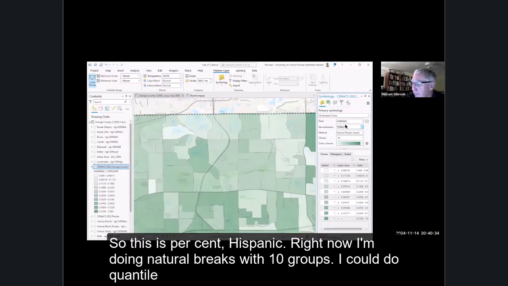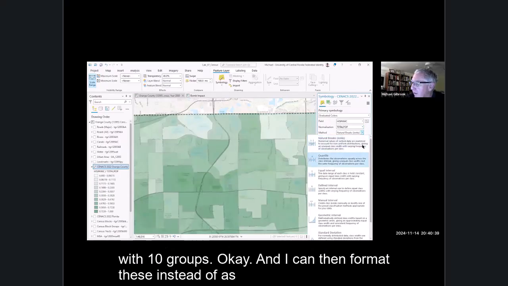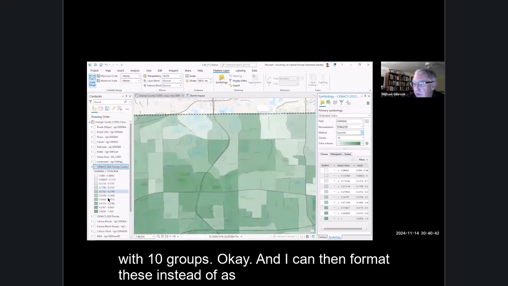So this is percent Hispanic. Right now I'm doing natural breaks with 10 groups. I could do quantile with 10 groups, okay?